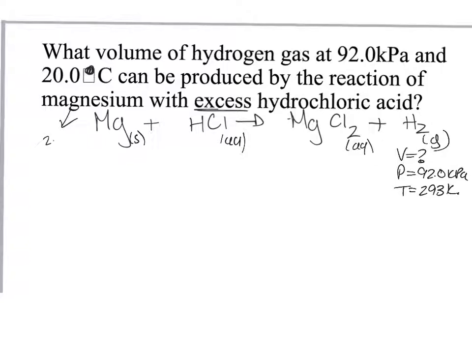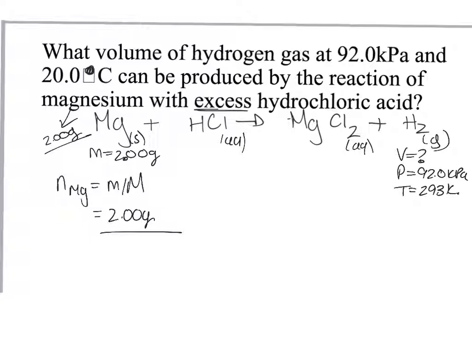So we're going to say that we have 2 grams of magnesium because there's nothing for us to figure out the number of moles for otherwise. So firstly, we have to figure out the number of moles of magnesium by doing mass divided by molar mass.